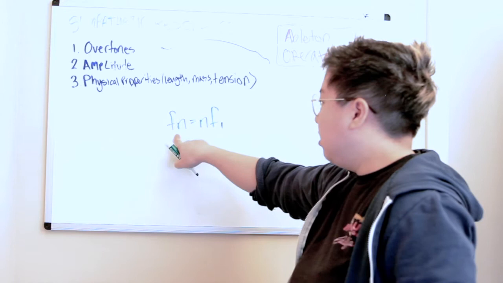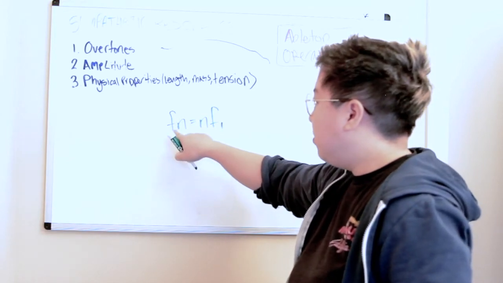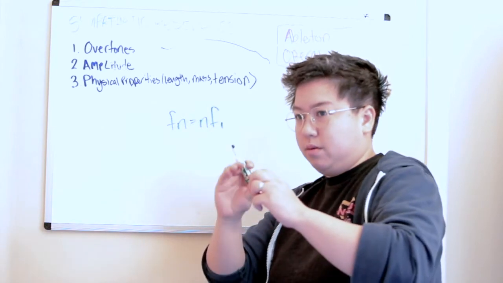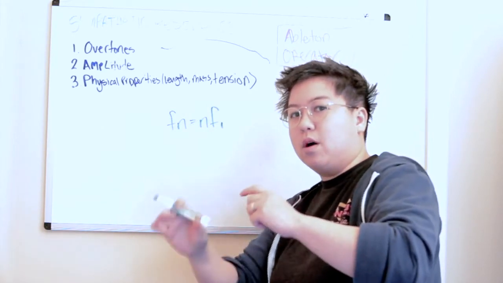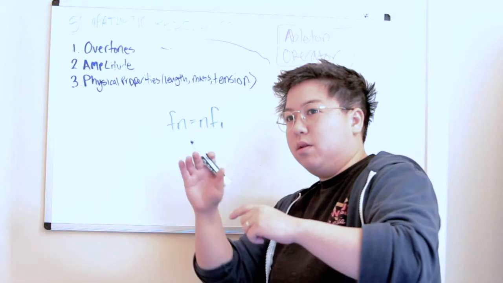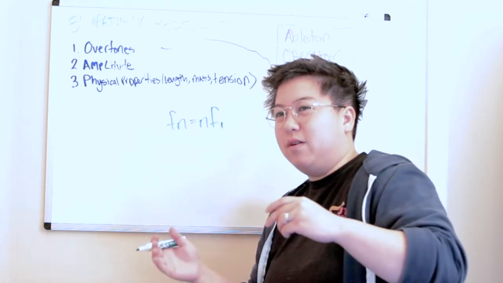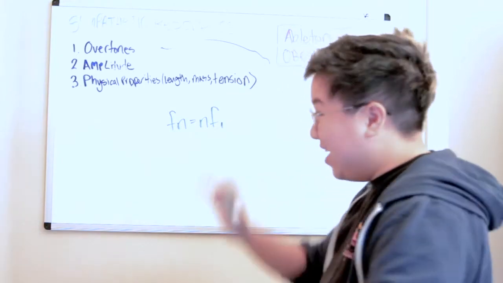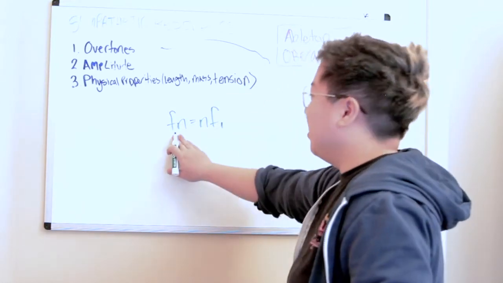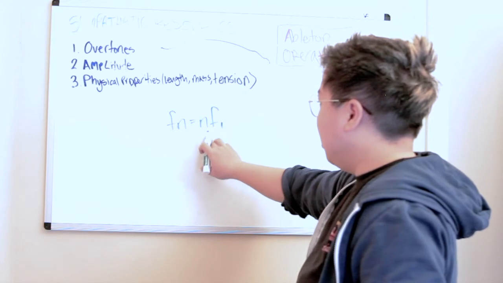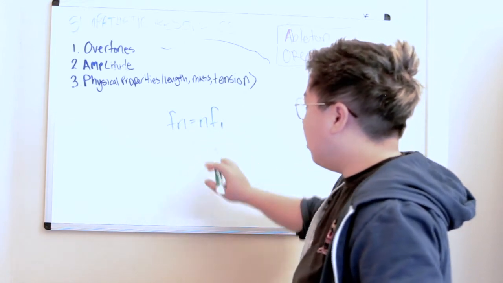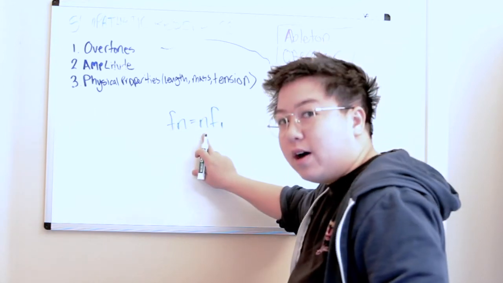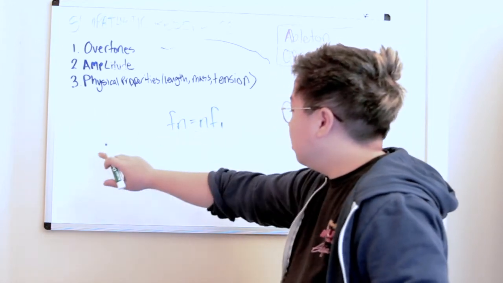So Fn is the harmonic that you want to find, and the fundamental is a certain building block, the base of that harmonic series of the note. I didn't explain that well, but Fn equals n times F1. So F1 is the first fundamental, times whatever harmonic you're trying to find, equals that hertz.